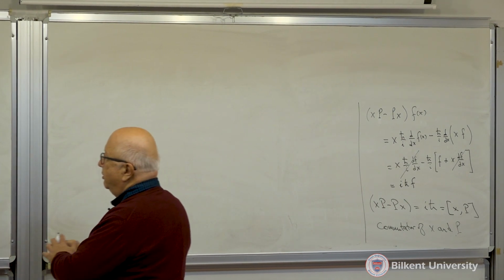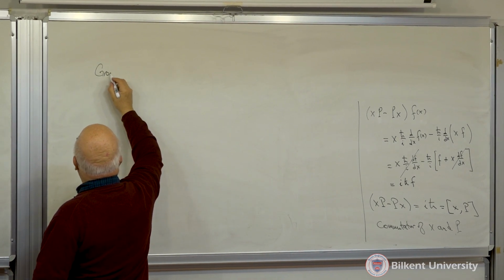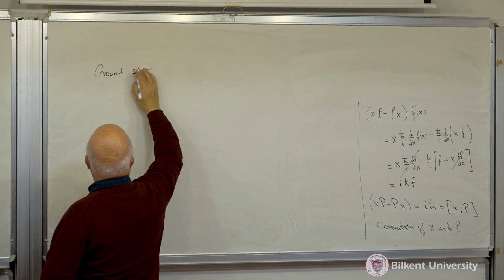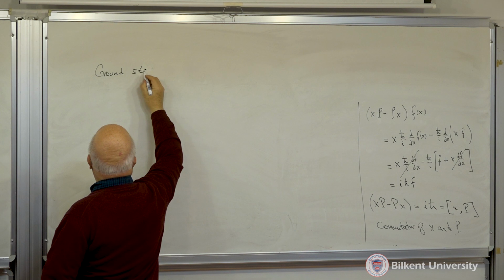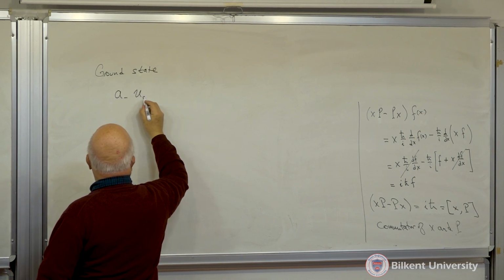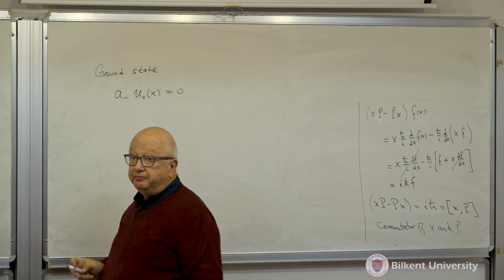So I know that for the ground state, a minus times u0 of x is equal to 0, right?